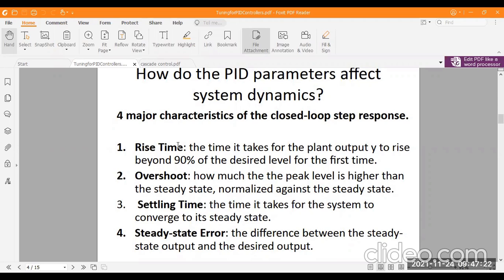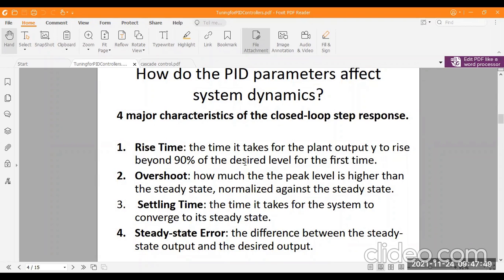This time is called the rise time. It is the time it takes for the plant output to rise beyond 90% of the desired level for the first time.